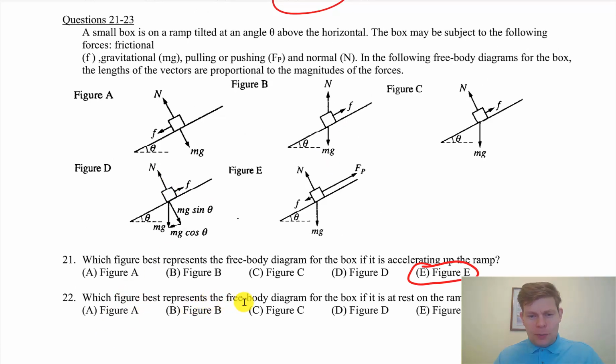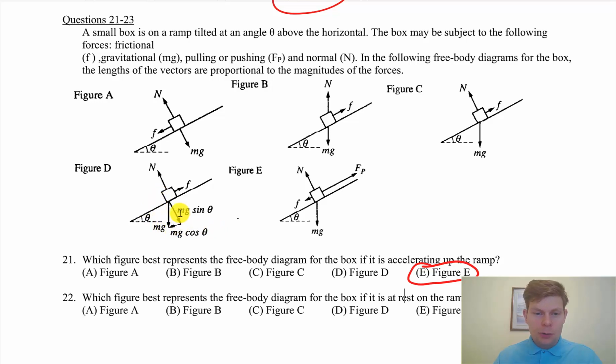Which figure best represents the free body diagram for the box if it's at rest on the ramp? If it's at rest on the ramp, all the forces have to cancel. In that case, it would be C here. It wouldn't be D, because a real free body diagram, like you'd put on a test, does not include components.